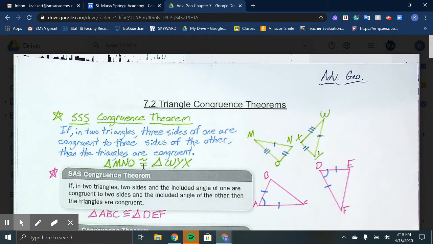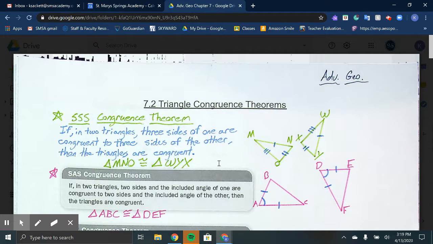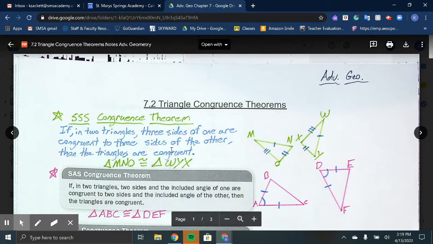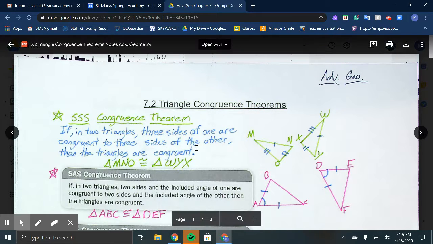Triangle MNO is congruent to triangle WYX. So it doesn't matter which way we would name it. If I would name it ONM and XYW, as long as the corresponding parts are in the same order, meaning M with W, N with Y, and O with X.